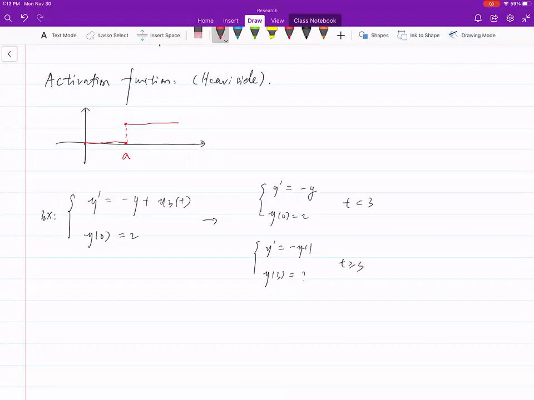So if you really want to do it, you need to go ahead and solve this. After you finish that, you find y(3). After you find y(3), you put it here. And then you solve the second differential equation using the y(3) you just solved as the initial value for the second part.